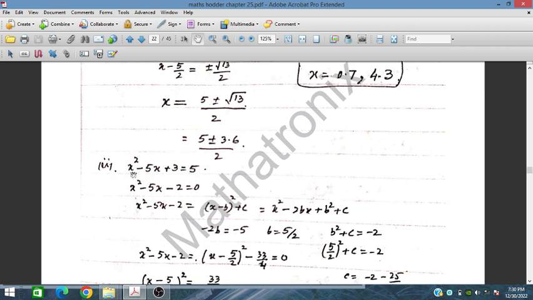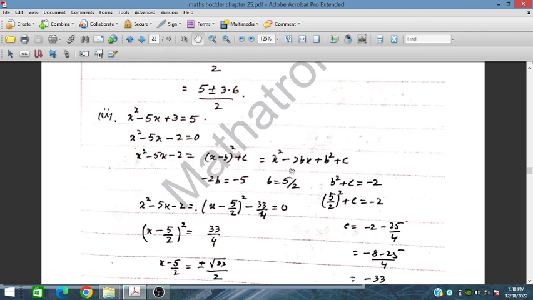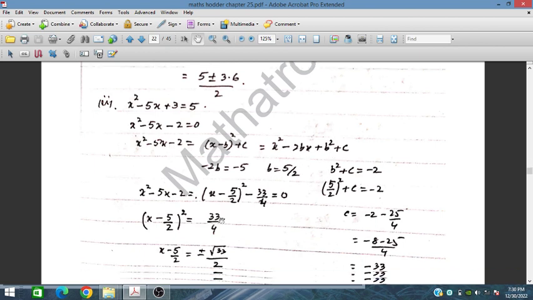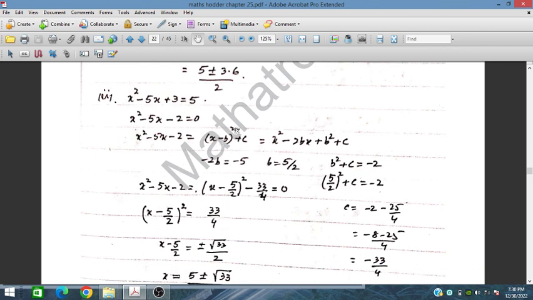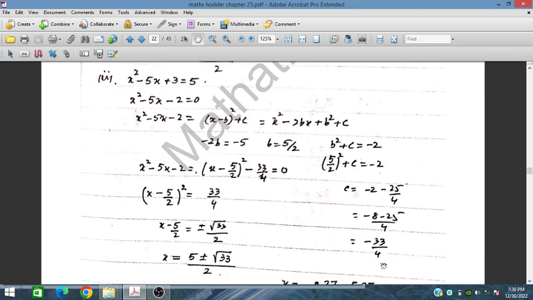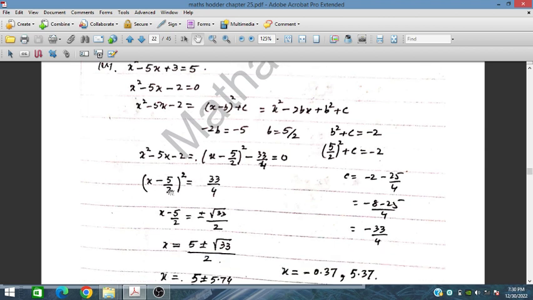We have x square minus 5x plus 3 is equal to 5, and we shift this 5 to the left side, making it minus 2, and we can make the comparison like the previous case. So we have x minus b square plus c, and we have obtained b is equal to 5 upon 2 and c is equal to minus 34 upon 4. In this case, x minus 5 upon 2 square is equal to 33 upon 4, and taking square root on both sides, x minus 5 upon 2 is equal to plus minus under root 33 upon 2.